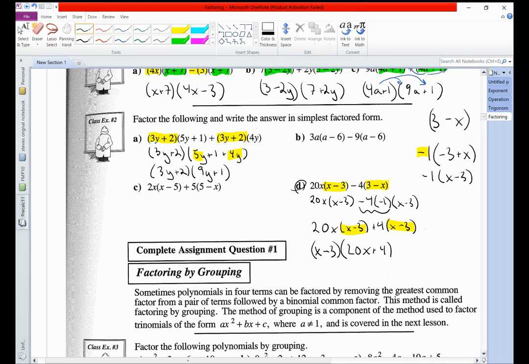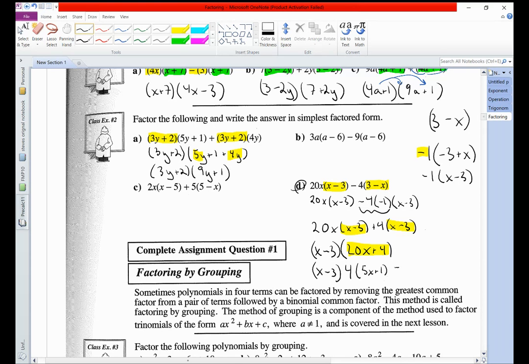Not quite done, because if you look at this 20x plus 4, you can actually factor something out of that, right? Both of those terms can be divided by 4. So you could write it as x minus 3, and then pull a 4 out, and you're left with 5x plus 1.